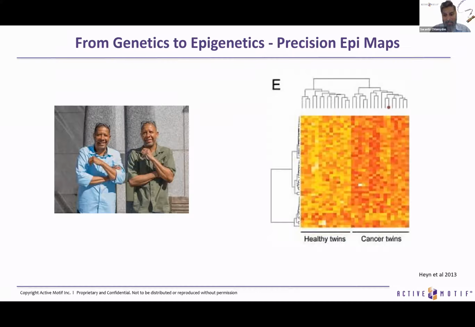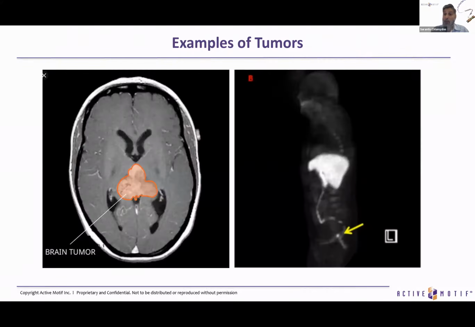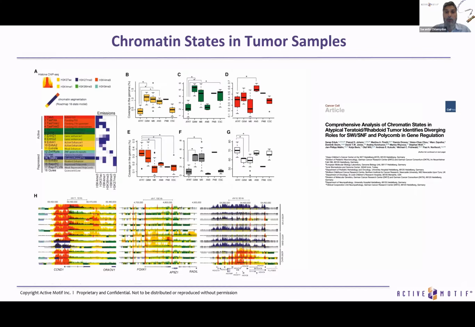And here's an example of collaborations that we have with clinical labs, mainly on brain tumor and prostate cancer. The first example comes from a collaboration that we have in Heidelberg, Germany, where we map and provide epiomics data sets to a clinical laboratory in order to stratify cancer patients that have an atypical teratoid tumor.